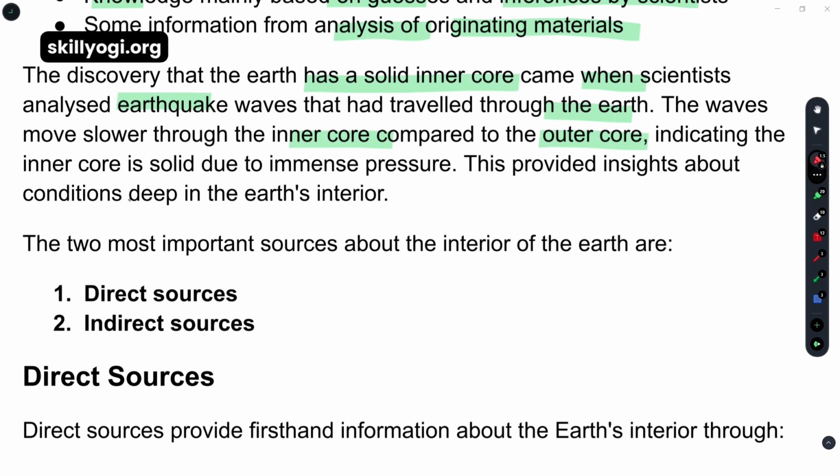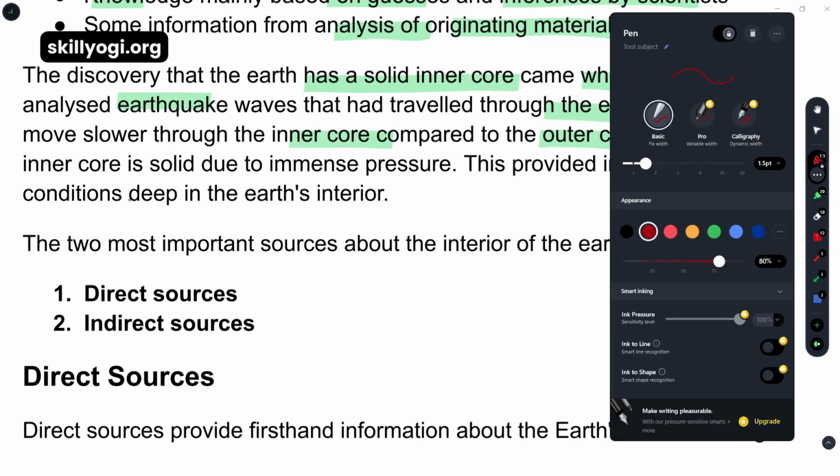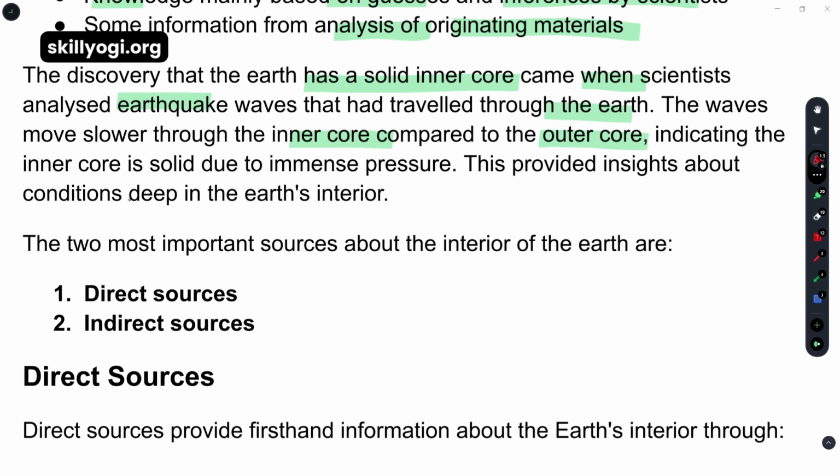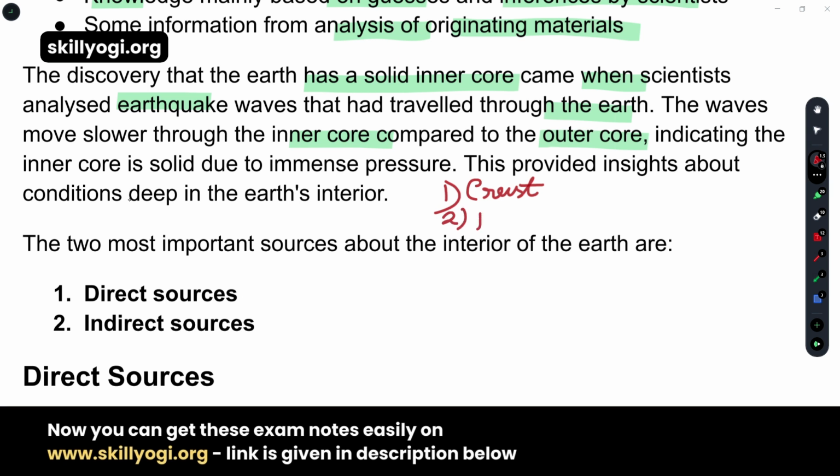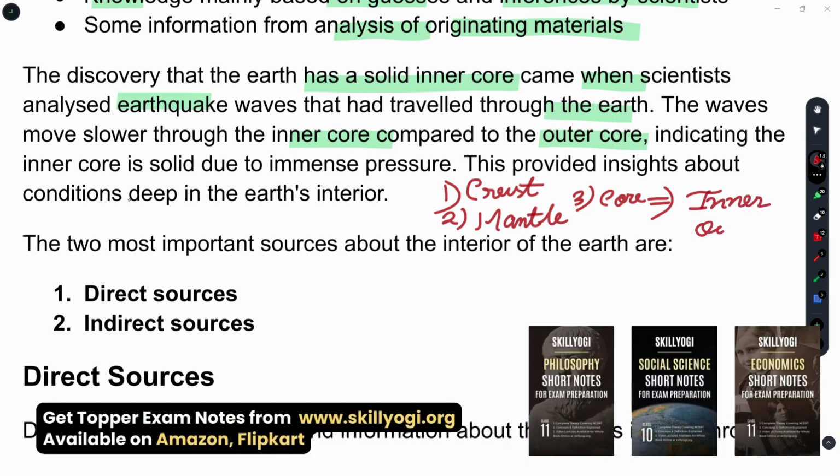In our lower classes, we have learned that the earth has a total of three layers. The first one is crust, the second one is mantle, and the third one is core. Now core is divided into inner core and outer core.